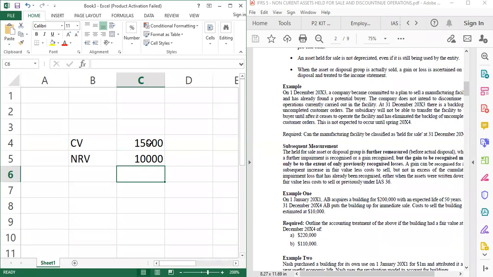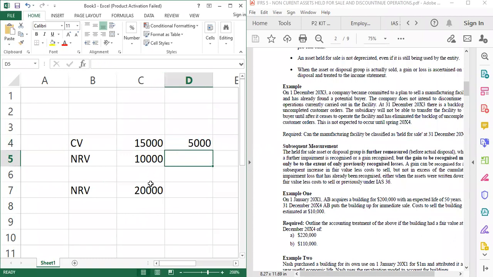lower of the two. So what happens after you classify the asset as held for sale and you did a subsequent measurement and you realize that the net realizable value is now 20,000? Is now 20,000. What happened? If we are carrying the asset at 10,000, we are saying that the asset has reduced by 5,000, isn't it? And we are going to have an impairment of 5,000.